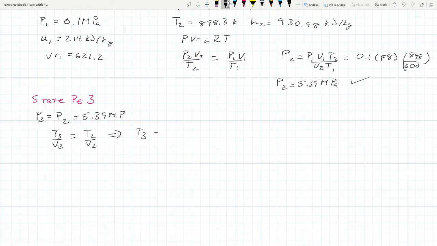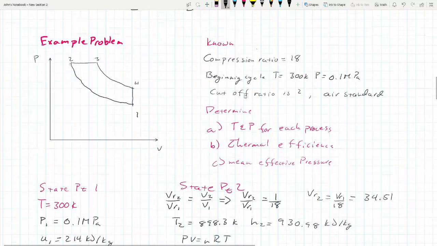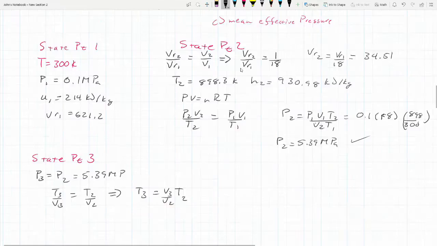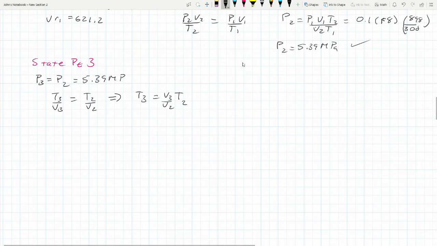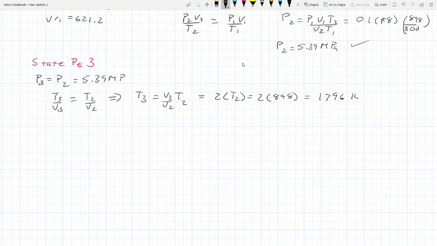So then T3 is equal to V3 over V2 times T2. There we go. So V3 over V2, as I told you earlier, is the cutoff ratio for the diesel cycle, which we are told is 2. So this becomes 2 times T2, which is 2 times 898, which is equal to 1796 Kelvin.